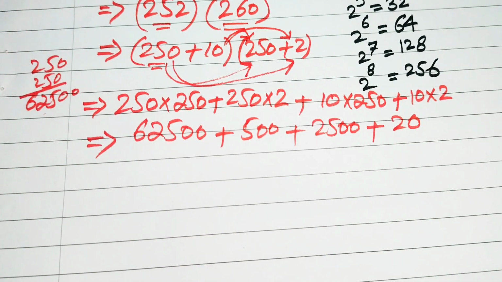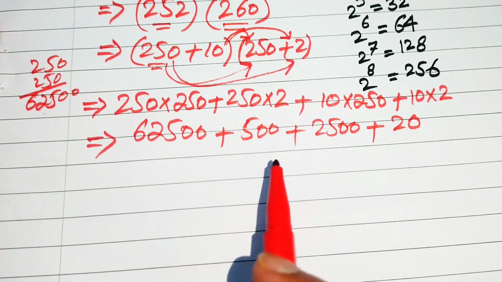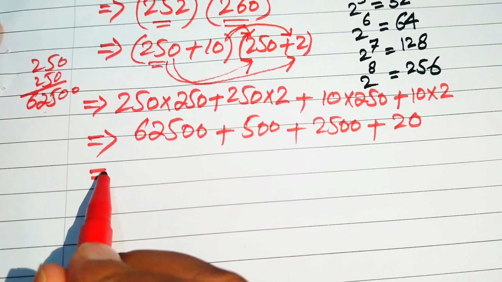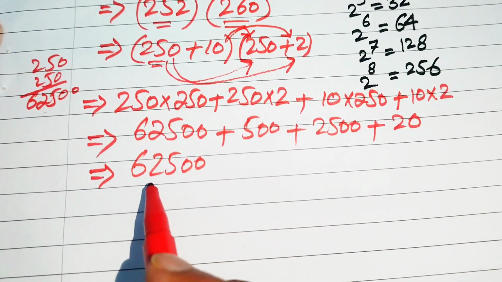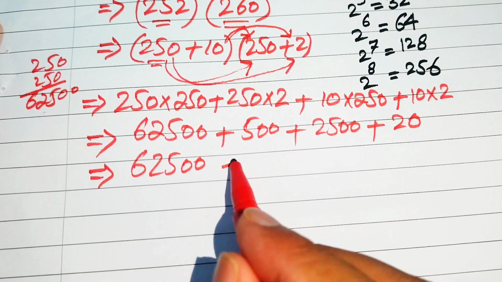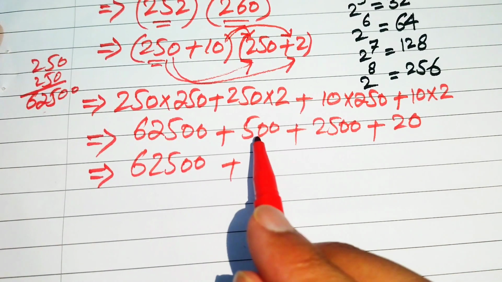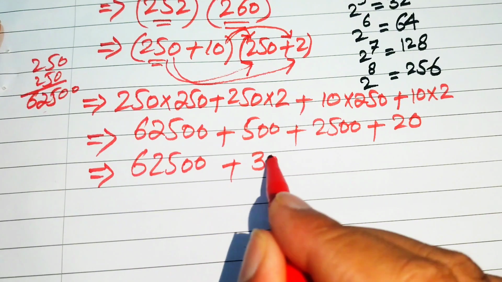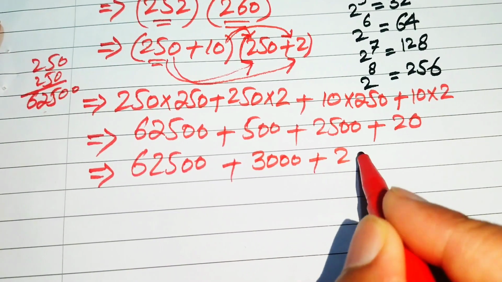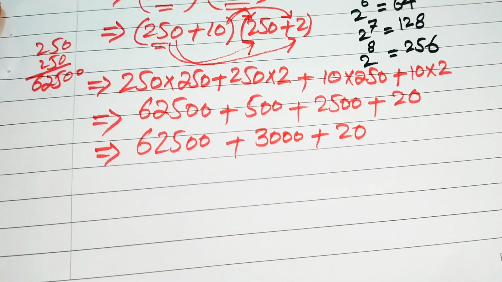Now after this step, we add all these smaller numbers, and we first write the bigger number as it is, 62,500. Here 2500 plus 500 is equal to 3000, and 3000 plus 20 is 3020. It is a more simplified way.